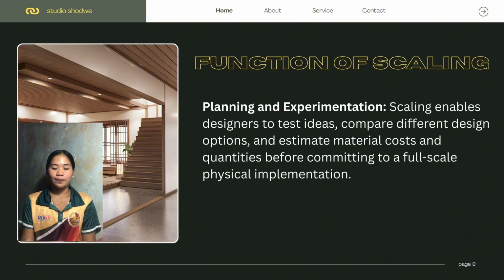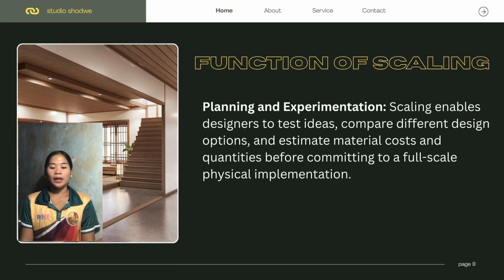And the next is planning and experimentation. Scaling enables designers to test ideas, compare different design options, and estimate materials, cost, and quantities before committing to a full-scale physical implementation.